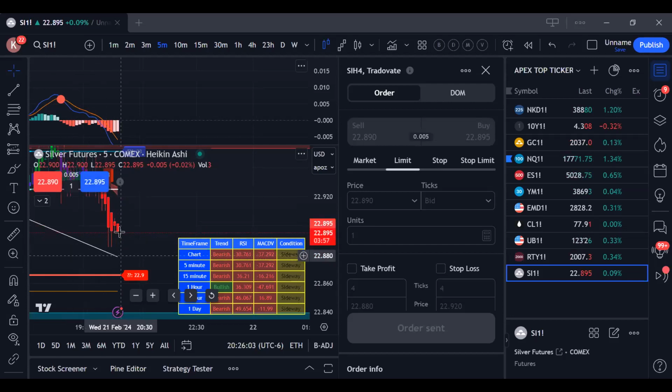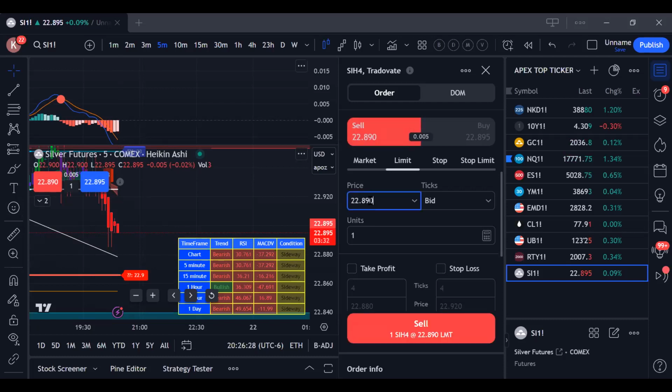If somebody buys, either you can sell at market if you are in a hurry, or you can try to sell at a higher price so that if it goes down, you will make more profit. But if I think this is going down further, I may lose profit.